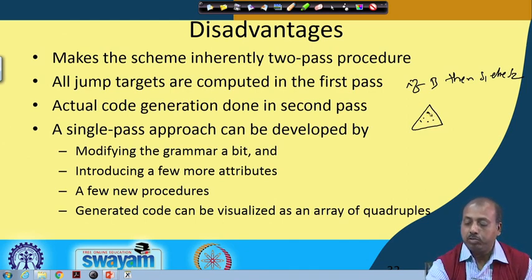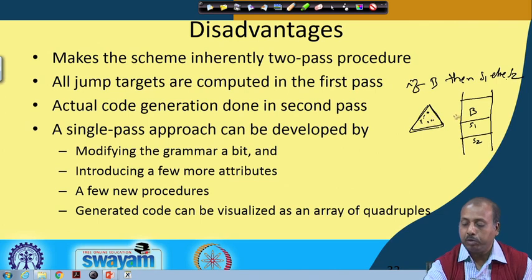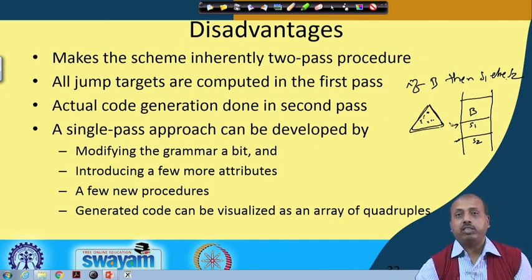At those points I need to transfer the control to either S1 or S2, but until the code for B is over, if this is the file where I am writing the code for this 3 address code, I cannot start the code for S1, and until the code for S1 is over, I cannot start the code for S2. So, when I am at these intermediary points, I really do not know these particular offsets, the offset of S1 and offset of S2, because it is all dependent on the size of B1, size of S1, etc.